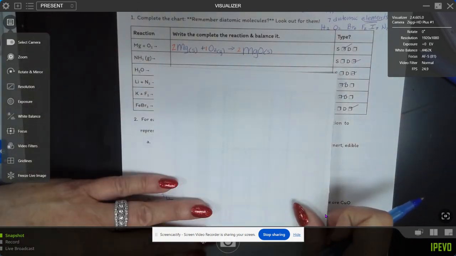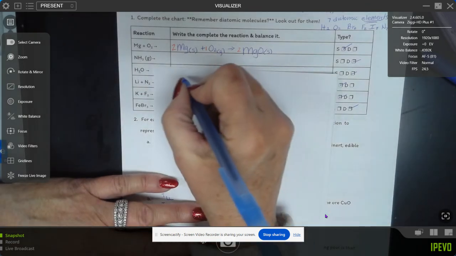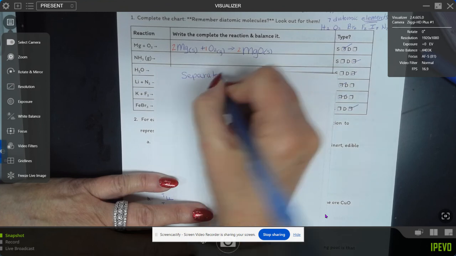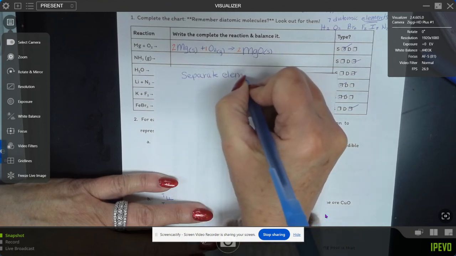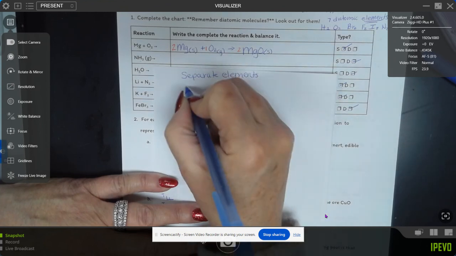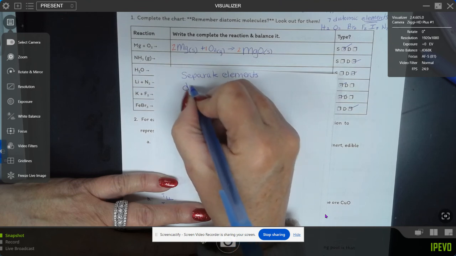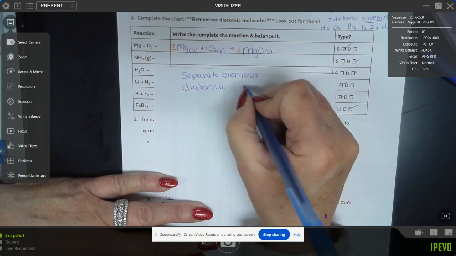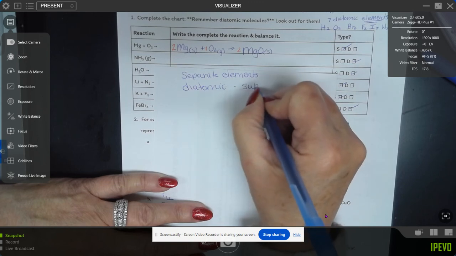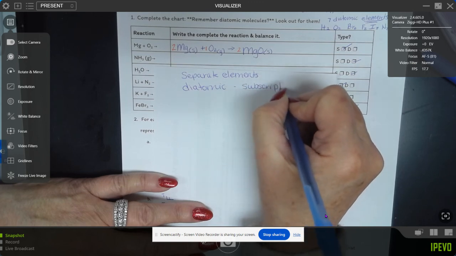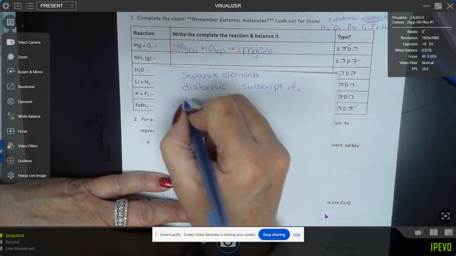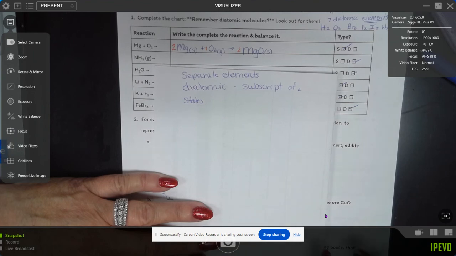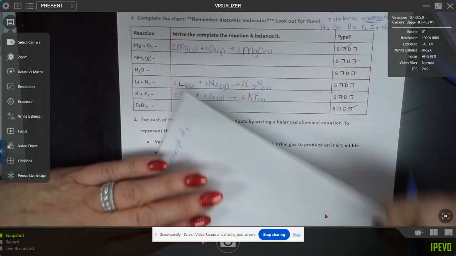In decomposition, all we have to do is separate the elements in the compound and decide if any of them are diatomic, which means that they would have to have a subscript of 2. And then we figure out the states. Those are the steps for doing a decomposition reaction.